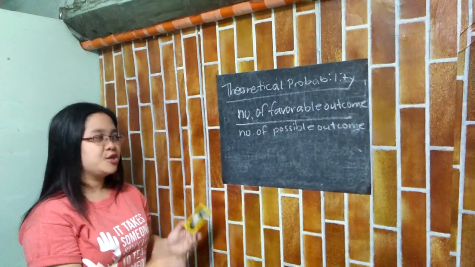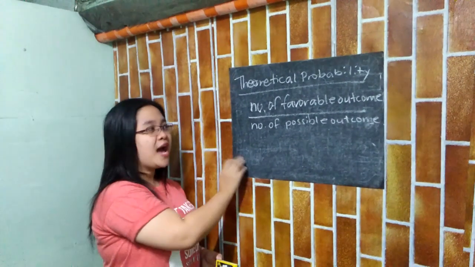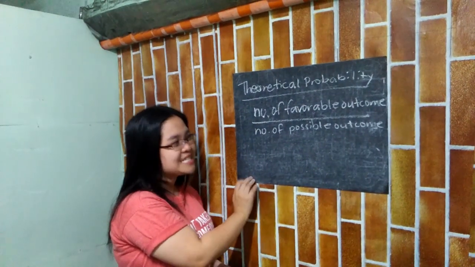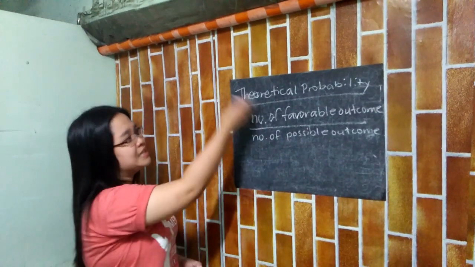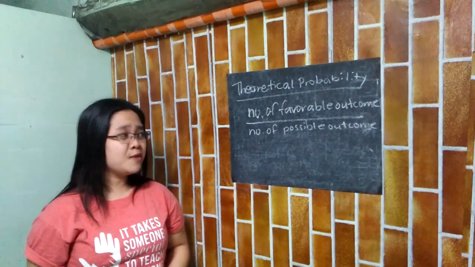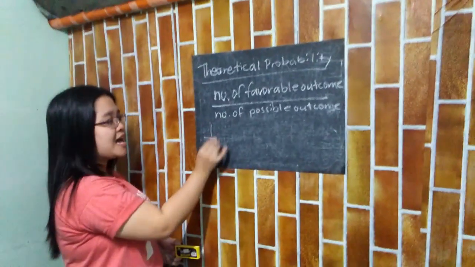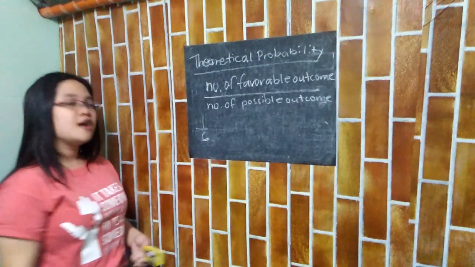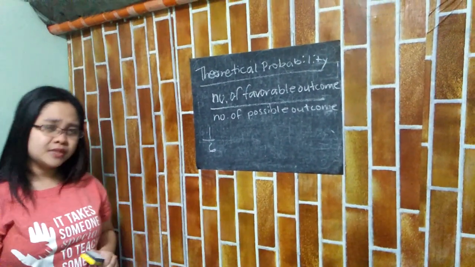And since your answer is in fraction, you have to get the lowest term if it's necessary only. Okay? So using this, you can also create your own problem. For example, if you are asked to think of an event that has 1/6 probability, what could be the problem that we can think of?